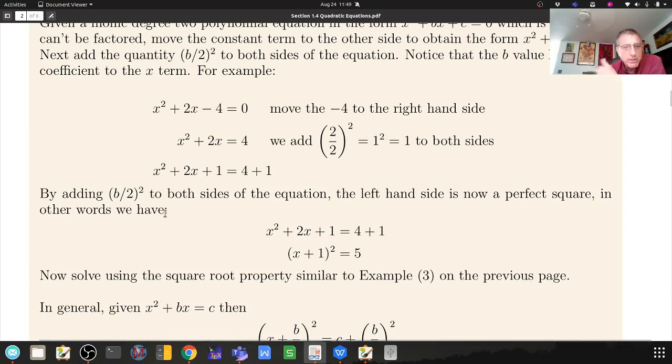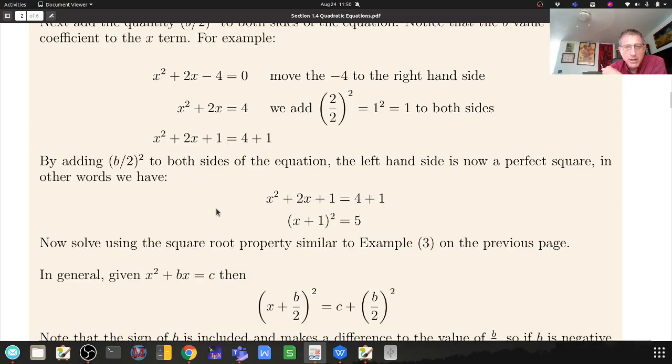When we do that, our left-hand side magically becomes a perfect square trinomial that we can factor. How do we factor it? Well, we simply write x plus 1, and what is 1?